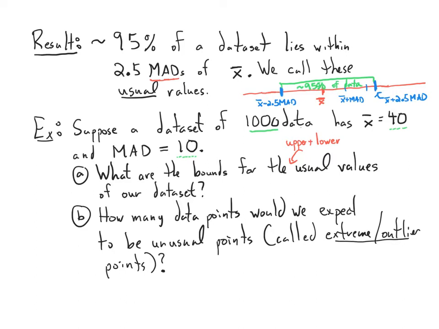And up here, we called this area in here any data points that lie within 2.5 MADs of the mean. We call them usual values. So we want to find these bounds here. So these guys we'll call bounds. So this is going to be our lower bound. And this is our upper bound.